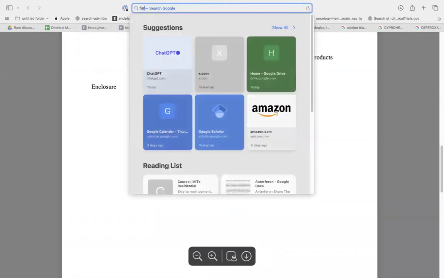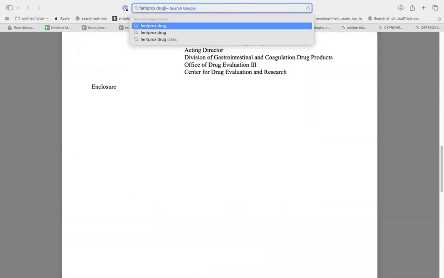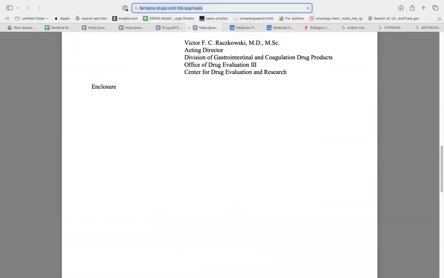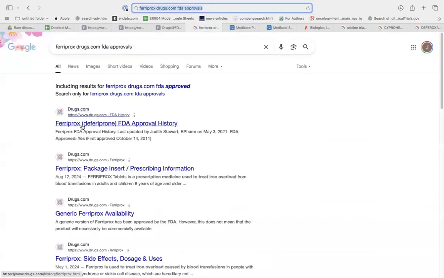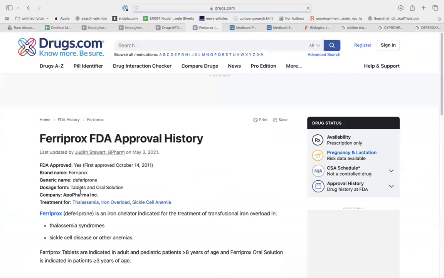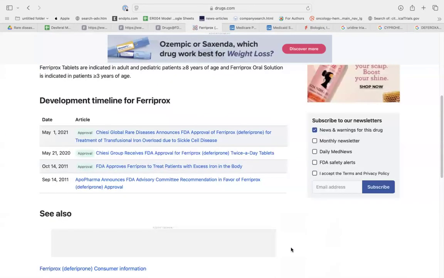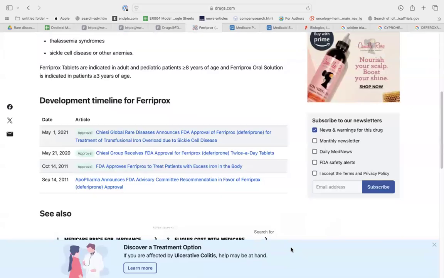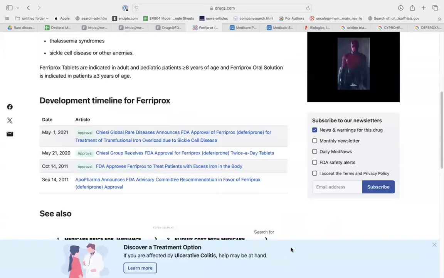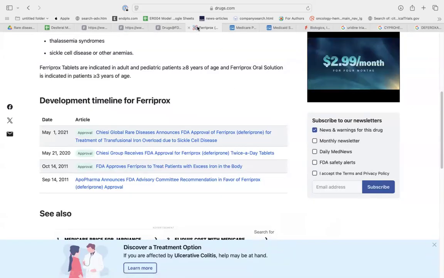It might lay this out a little easier for me to understand. Yeah, so this is much easier.